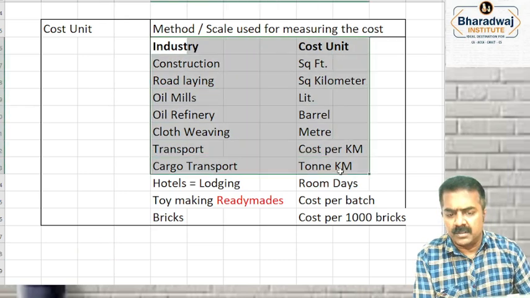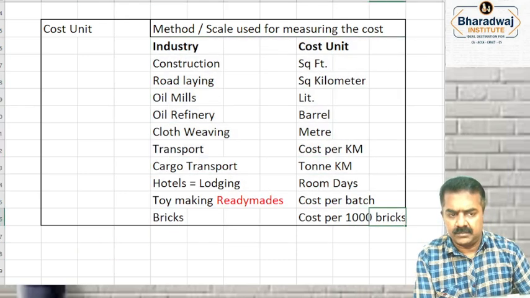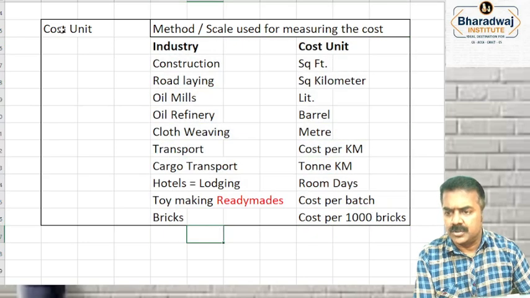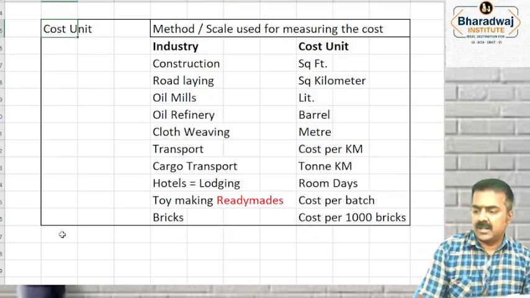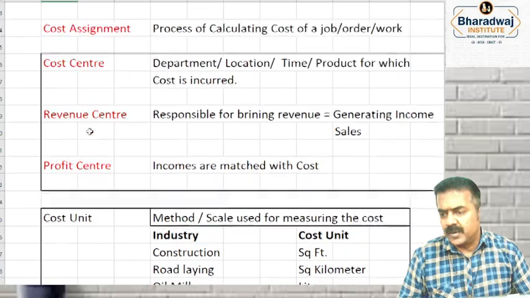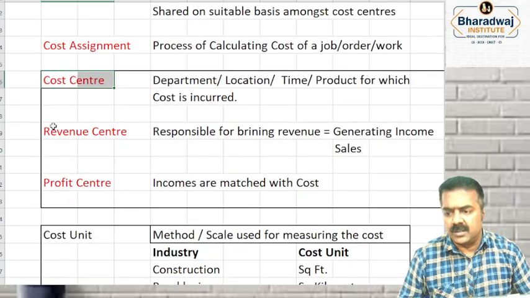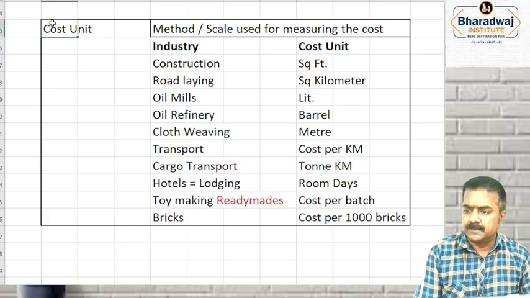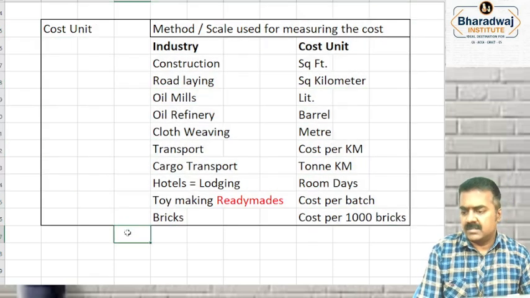Right? So this is about cost unit. So we had seen what is a cost center, what is a revenue center, what is a profit center, what is a cost unit. We had seen. So this is about cost unit.